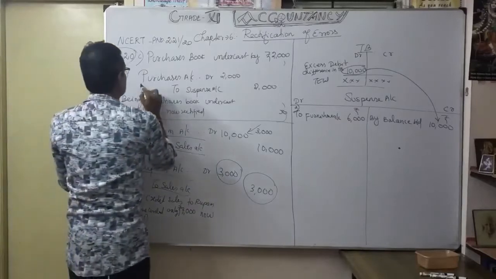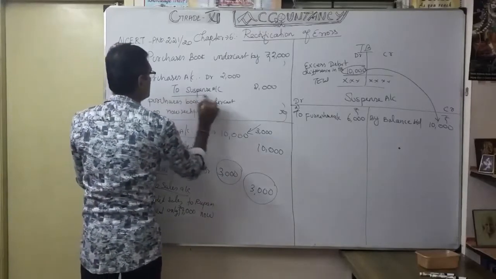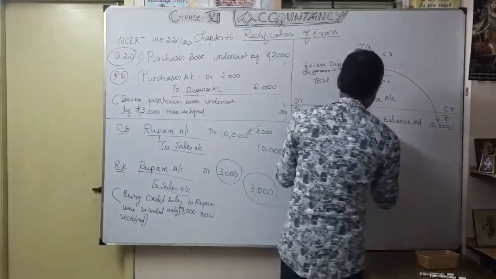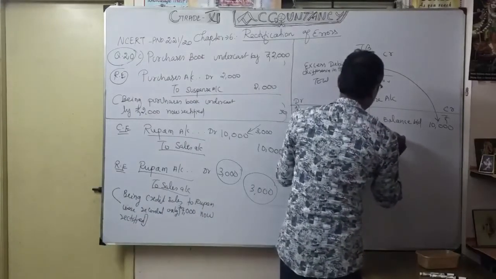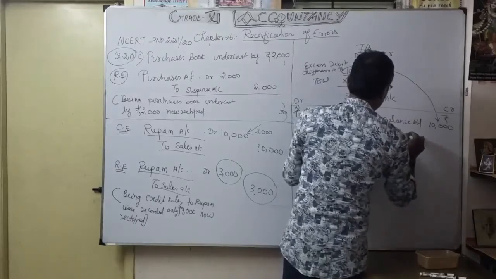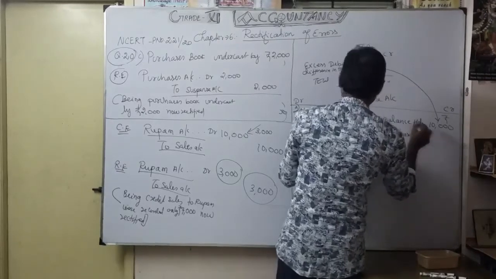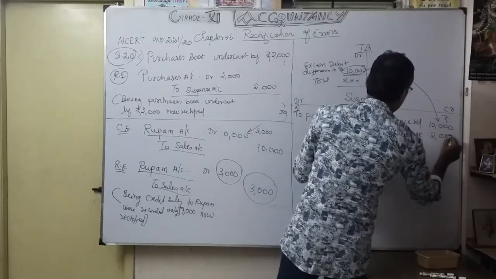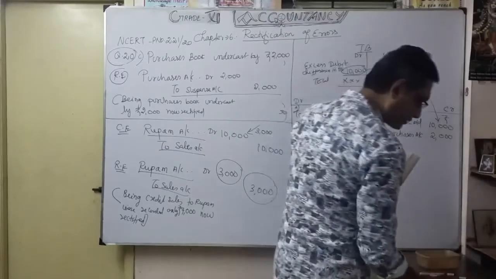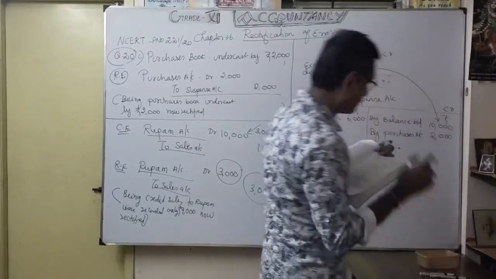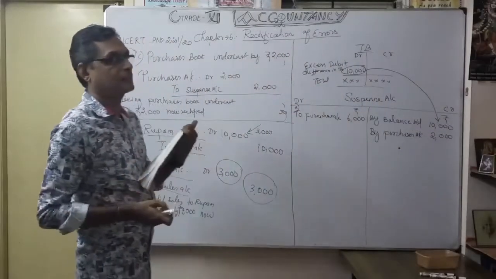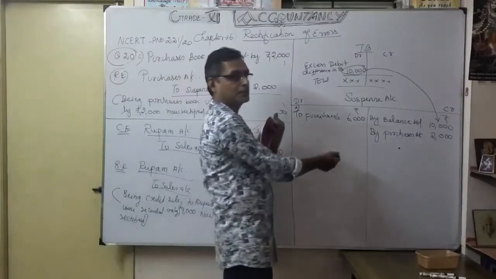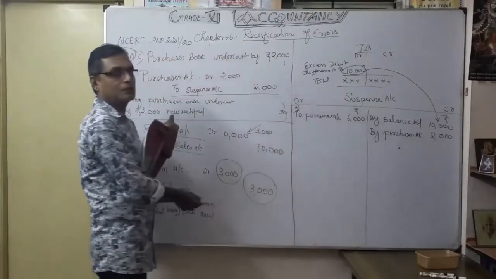Now, the suspense account we have opened. So how to do it? By purchases account, 2,000. That's how we give the effect to the purchase account. Understood the third transaction now. In the second transaction, there is no question of transfer to the suspense account, because only the amount is different.